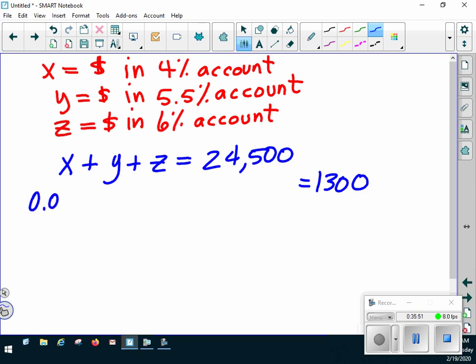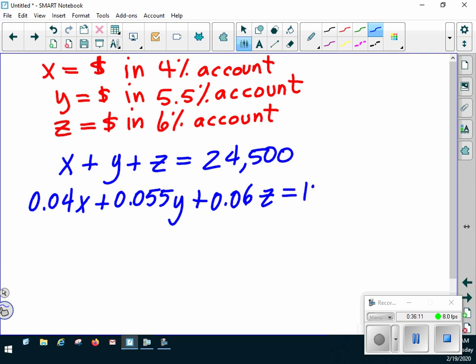So that's 0.04x plus 0.055y plus 0.06z. And that's the amount of interest that she earned. That's going to be the hardest equation for you to set up. For some reason, students have trouble with that one.